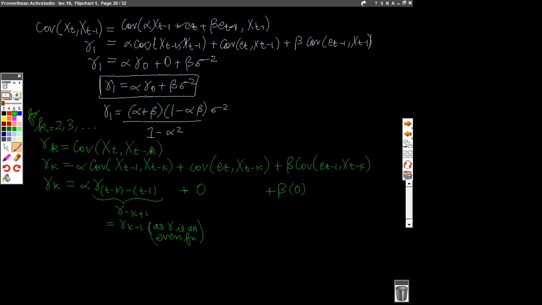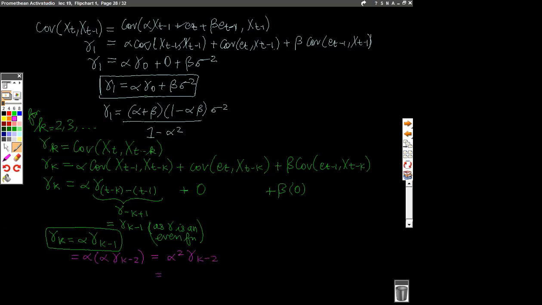So you know that the value for gamma k is just alpha times gamma k minus 1. This seems a bit like a recursive equation that we have at hand. What you can do is substitute in here again and again. You can write this as alpha times alpha gamma k minus 2, which is just alpha squared gamma k minus 2.